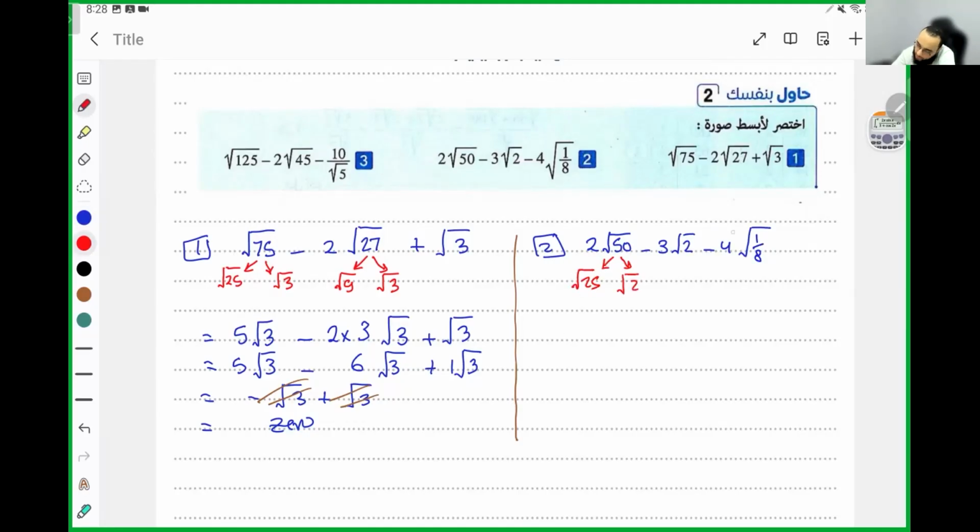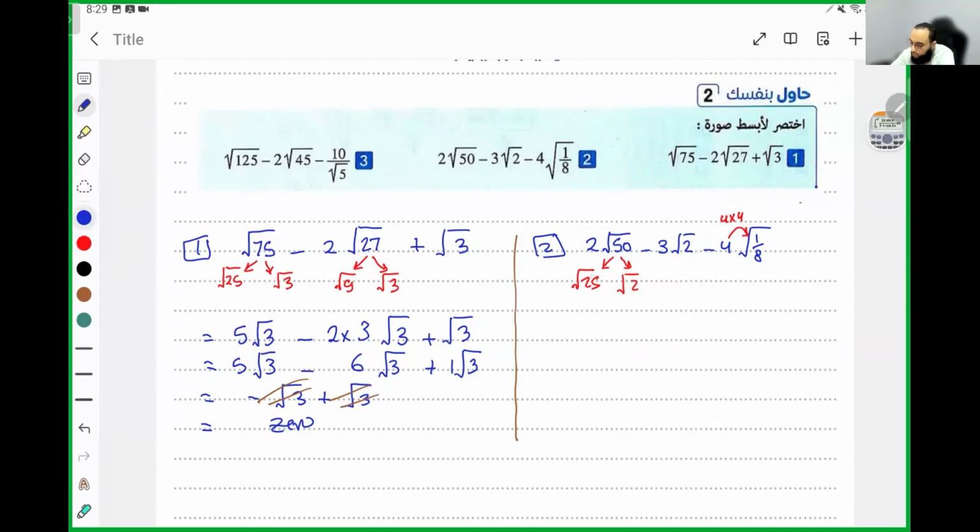How can you bring the 4 inside the square root? Multiply it by itself 2 times. If you have a 4 outside the square root and want to get it inside, multiply it 2 times. Like that. This is the same, and this is 4 by 4 inside the root.